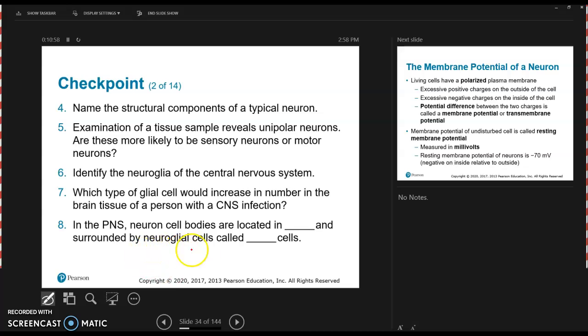All right, which type of glial cell would increase in number in the brain tissue of a person with a central nervous system infection? That would be microglia, or microglial cells. In the peripheral nervous system, neuron cell bodies are located in ganglia and surrounded by neuroglial cells called satellite cells.